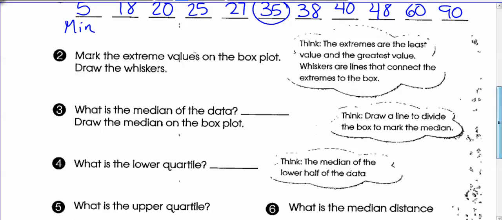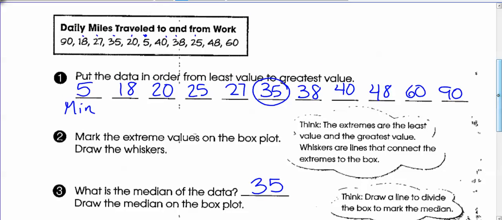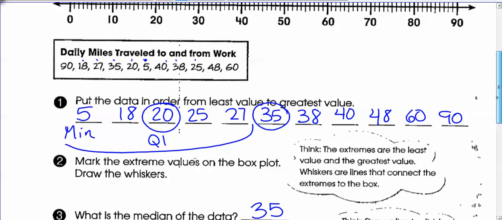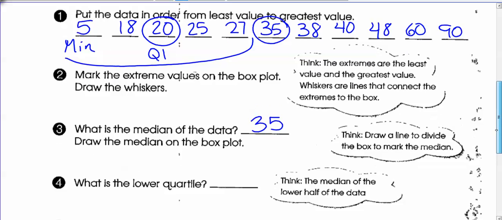Our next step is fill in number 3. What is the median? 35. What is a lower quartile? So we're going to split our data. We're going to look right here at this section. We're going to find the middle value, which is 20. That's what we call Q1.